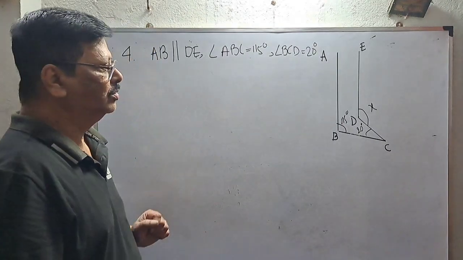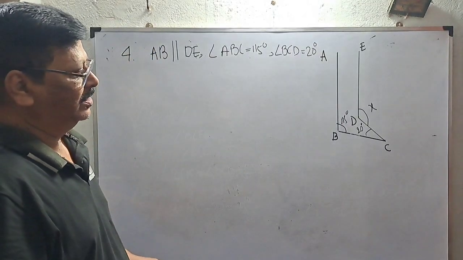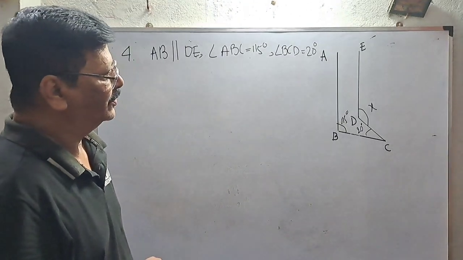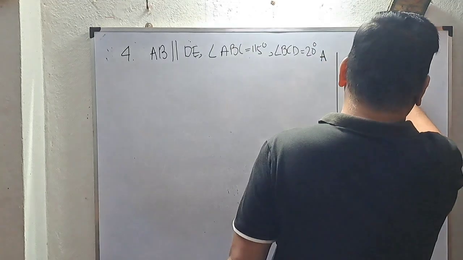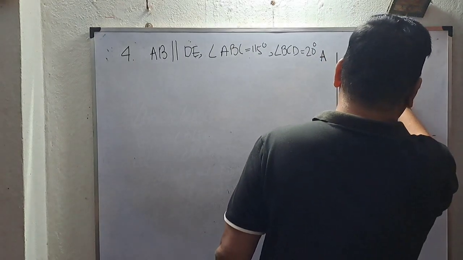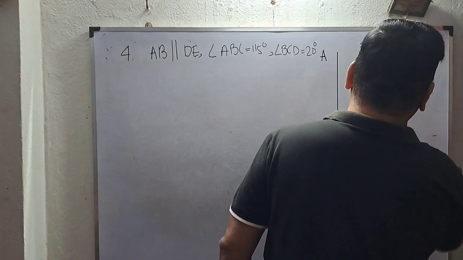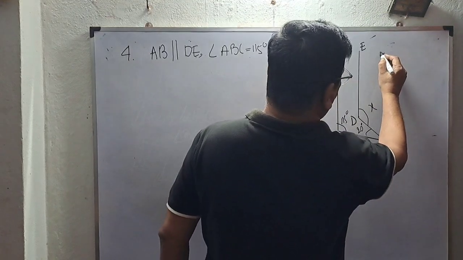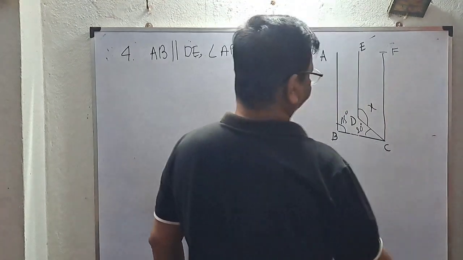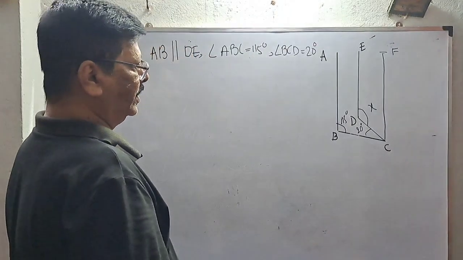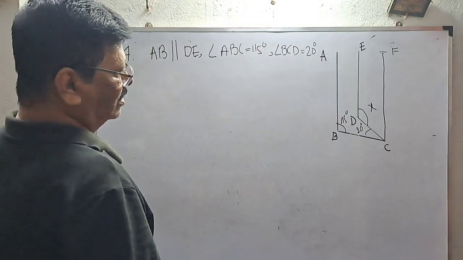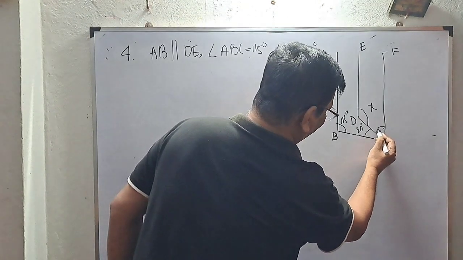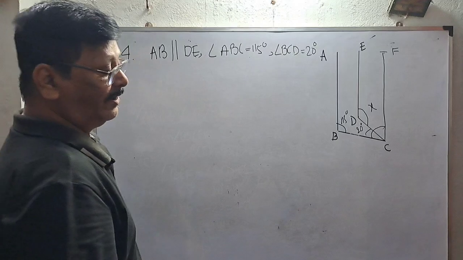So, what we do, we draw a line through C parallel to DE and AB, like this. We call it F, CF, right? What we do now is find out this whole angle BCF.